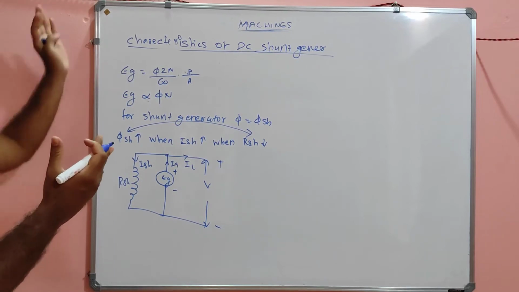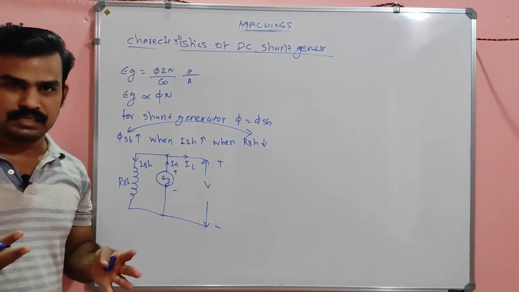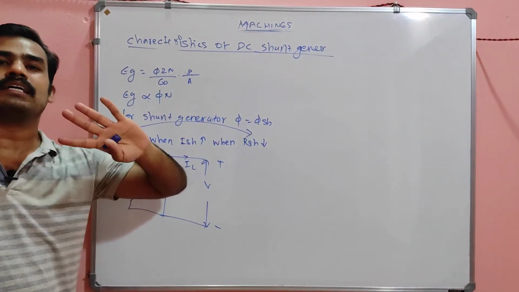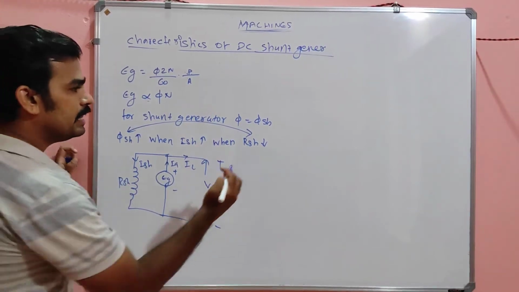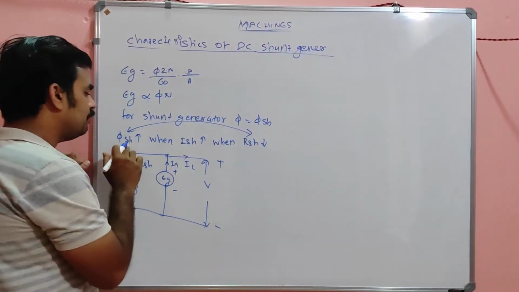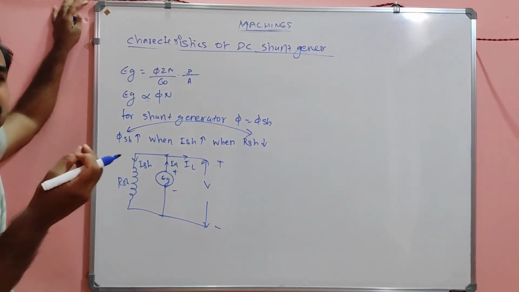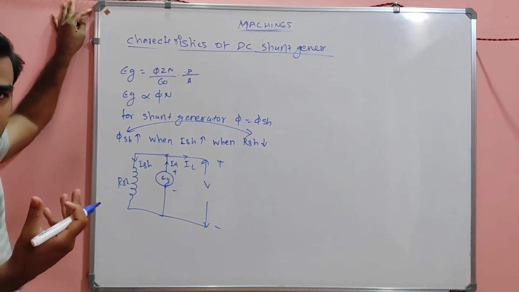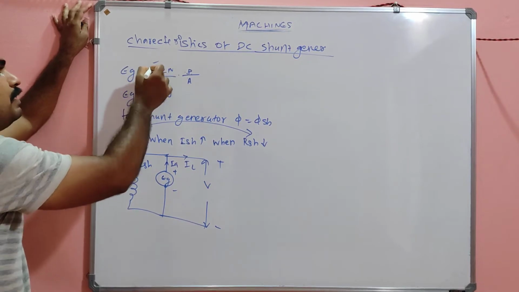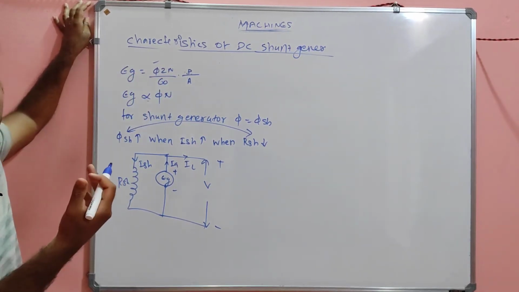RSH should have a critical value of resistance beyond which you can't increase it, because if RSH increases, phi will decrease. To what extent can phi be decreased? There is a certain limit. Otherwise, if phi is less, EG will be very low.